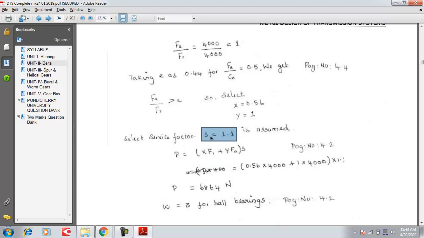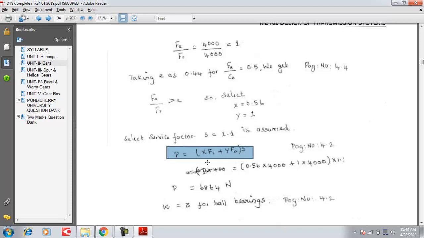You have to solve the problem based on the procedure. That's what they will check during the exam. S equal to 1.1 can be assumed, that is nothing but the condition of a rotary machine with no impact. After calculating S, X and Y, you can use those values in the formula for calculation of equivalent load.